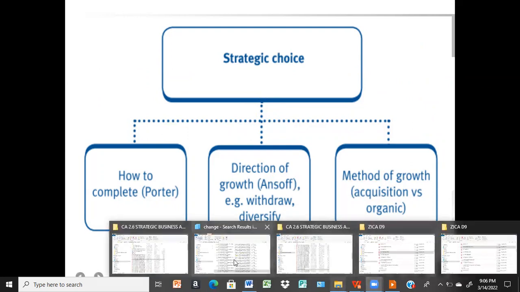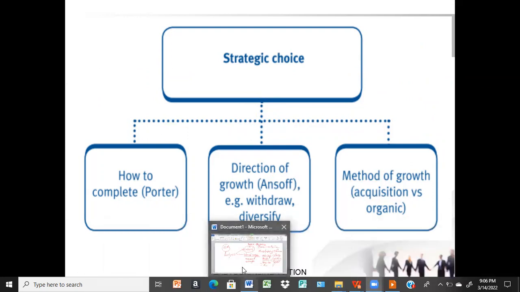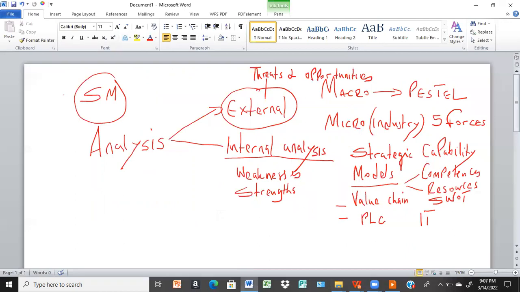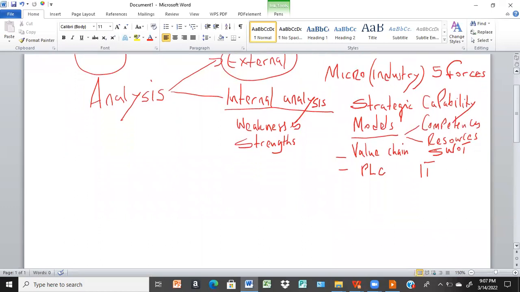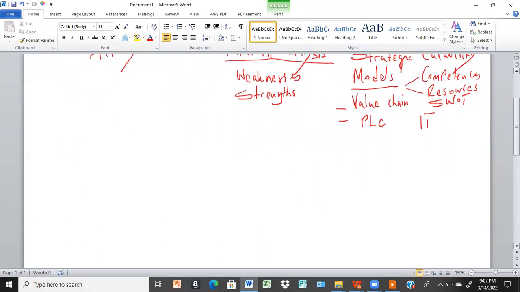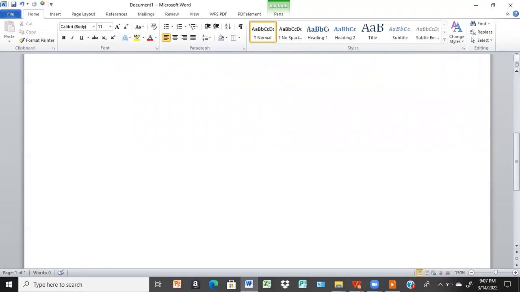Let's talk about the concept of evaluation. To evaluate strategies, before you talk about implementation, we need to carry out an evaluation.